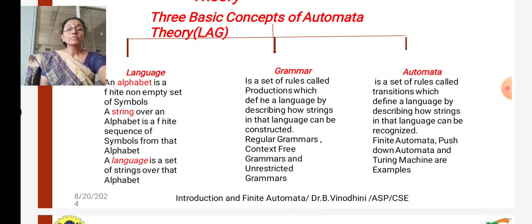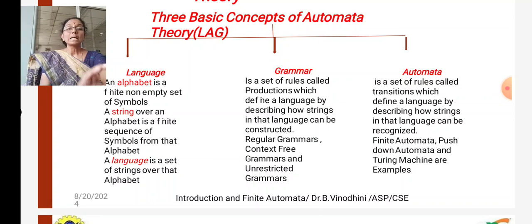Next is grammar. Grammar is a set of rules called productions, from which strings can be derived. Over the particular strings, we can derive certain languages. The grammar is a set of rules called productions, which define the language by describing how the strings can be constructed from the given alphabet.